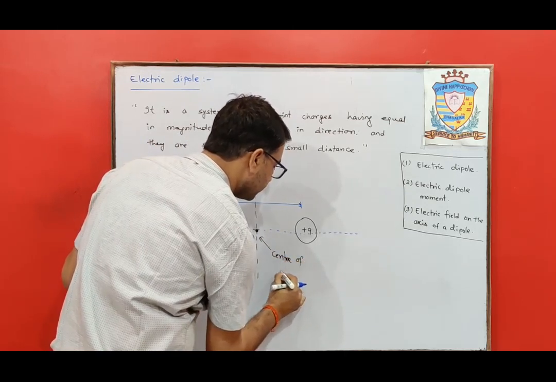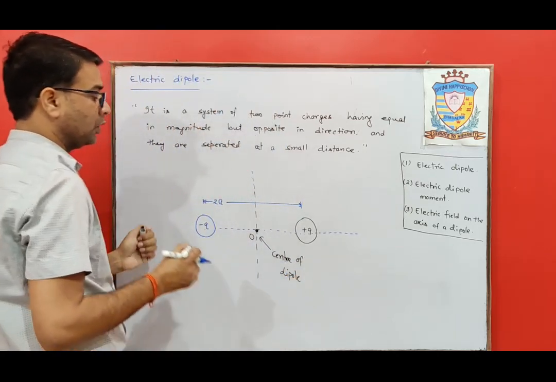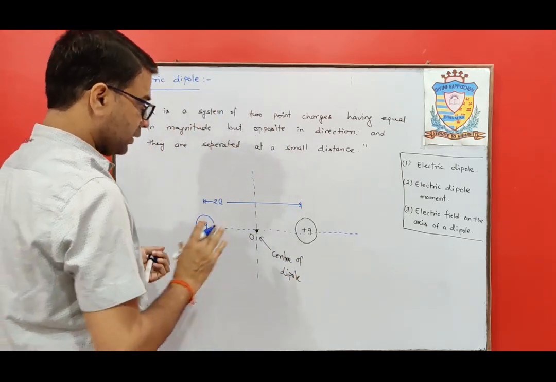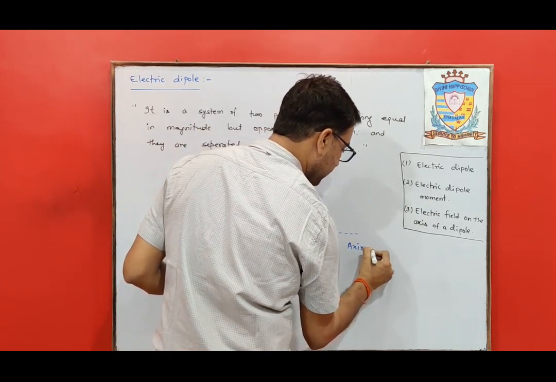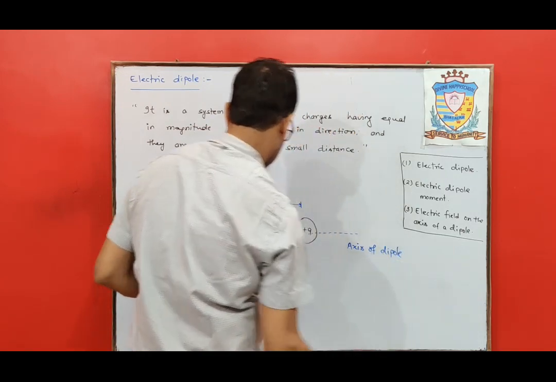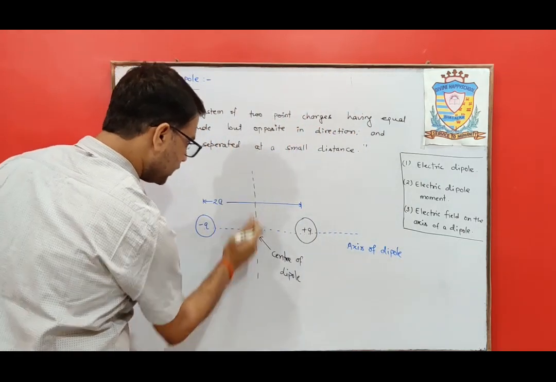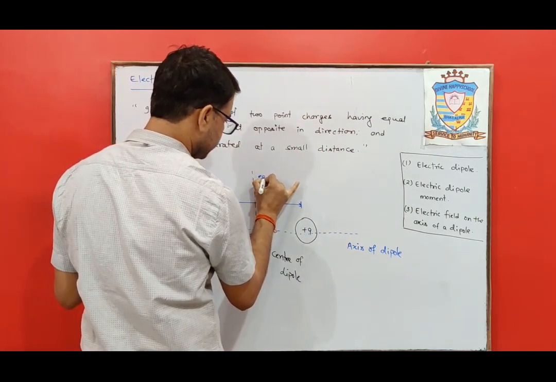Center of dipole. Okay. This is known as the axis of dipole. This perpendicular line is known as the equatorial line.